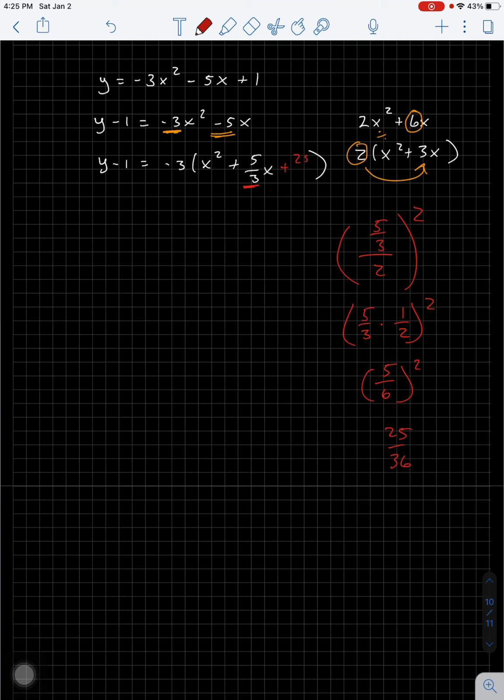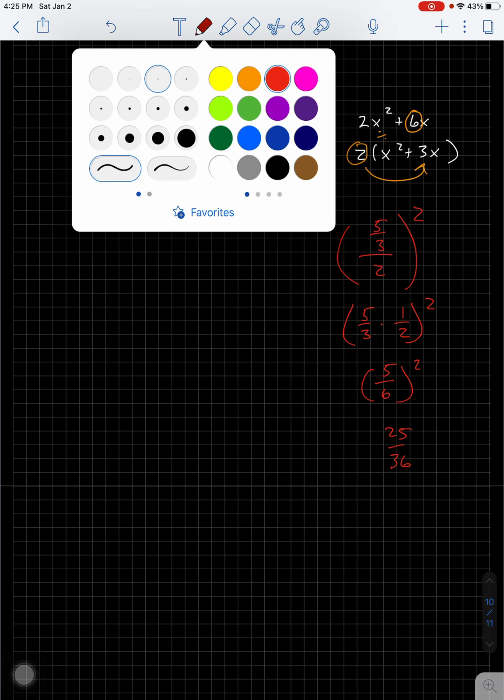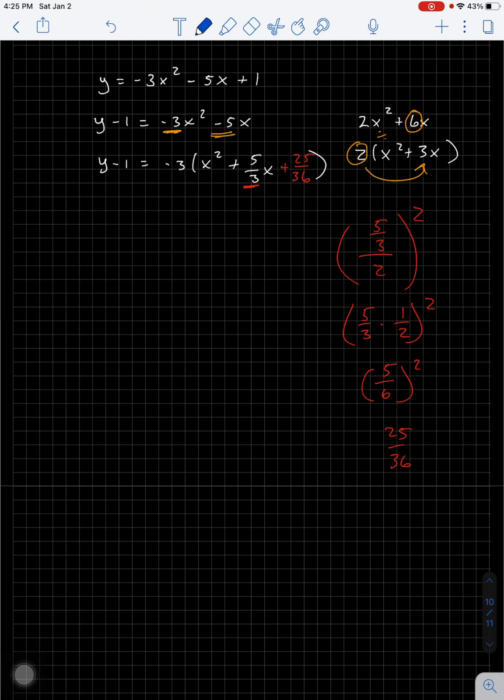That is the number that's going to go in here. Okay? Now, we need to add an equivalent thing to the other side. How do we do that? We take the negative 3 and we multiply it by the 25/36, and that's what we're going to bring over onto the left side. So let's do that over here.